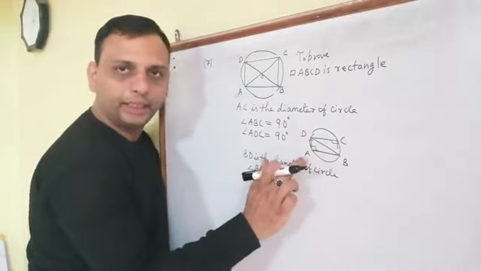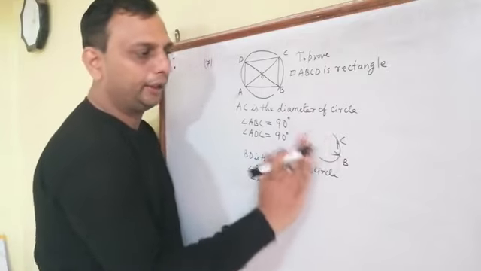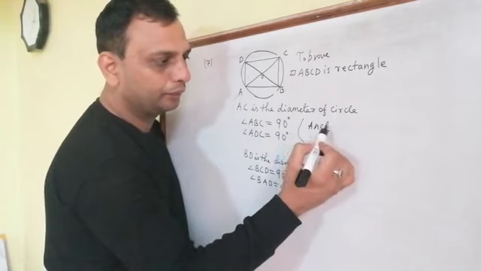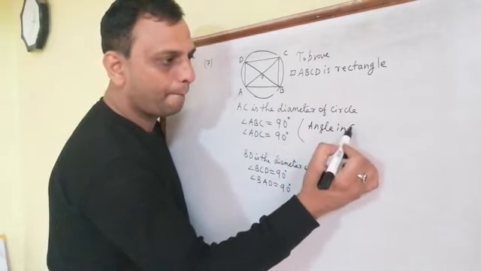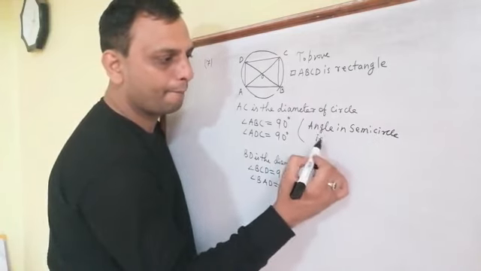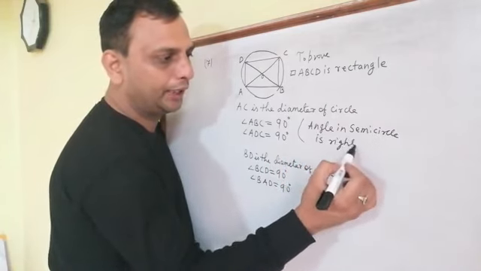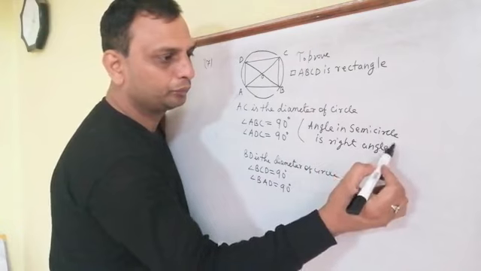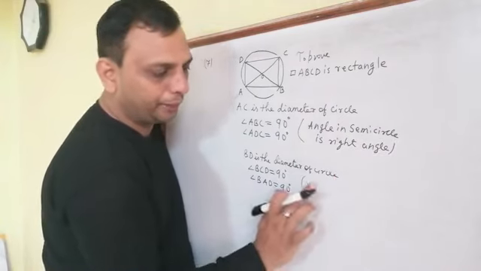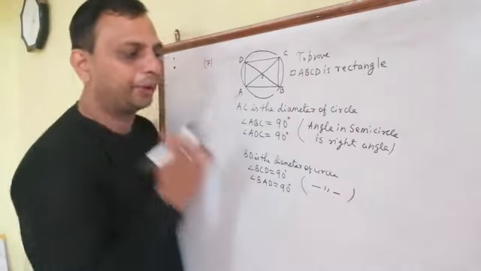If all angles are 90, I hope you understood this axiom: everywhere the angle in the semicircle is a right angle. Here also the same statement, angle in the semicircle, right angle.